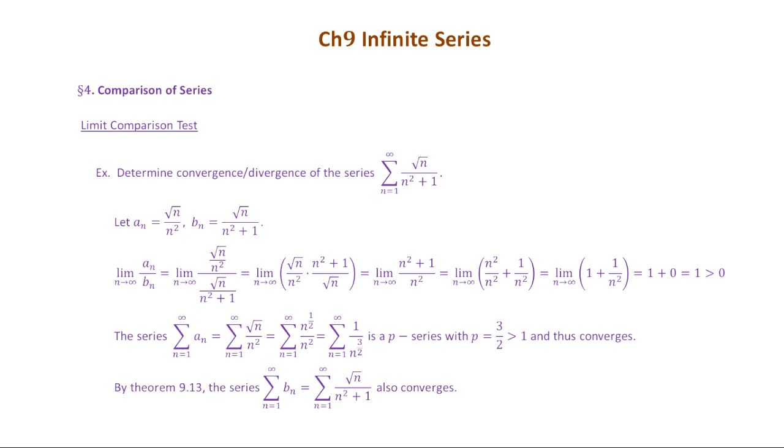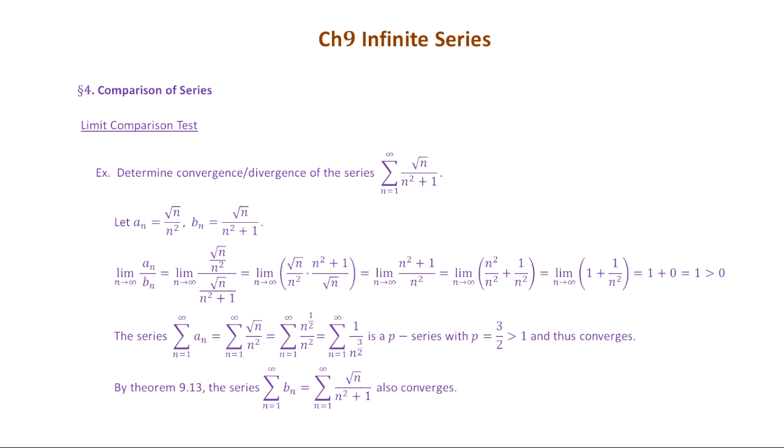And then we need to know whether the reference series a_n converges or diverges. We write square root n as n to the 1/2, and then n to the 1/2 over n squared is 1 over n to the 3/2, if you subtract 1/2 from 2 in the denominator.